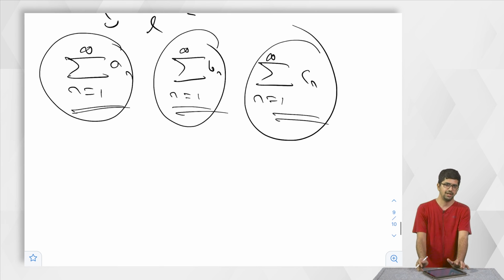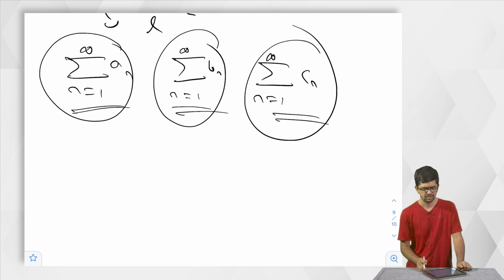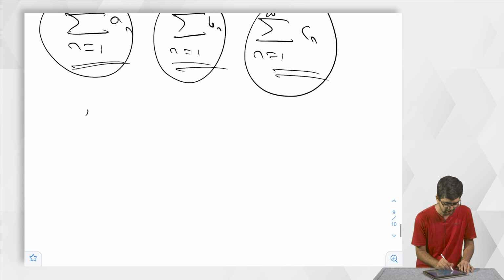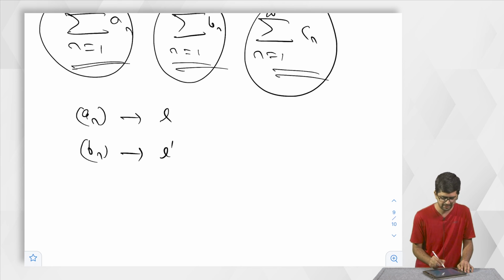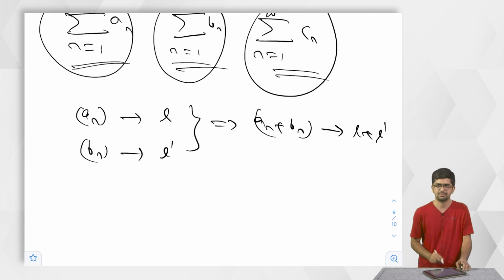Now I just said that we can use ideas from limits to say something about series. They are a particular case of limits of some sequence. For example, we do know that if an converges to some L, and bn converges to some L prime, then an plus bn converges to L plus L prime.